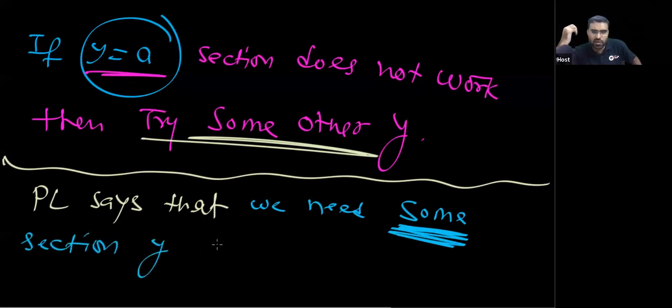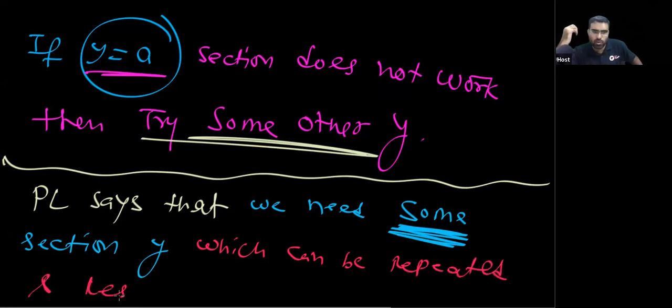We need some section Y which can be repeated, and the resulting string belongs to L. It can be repeated and the result is inside L. Is this point clear?